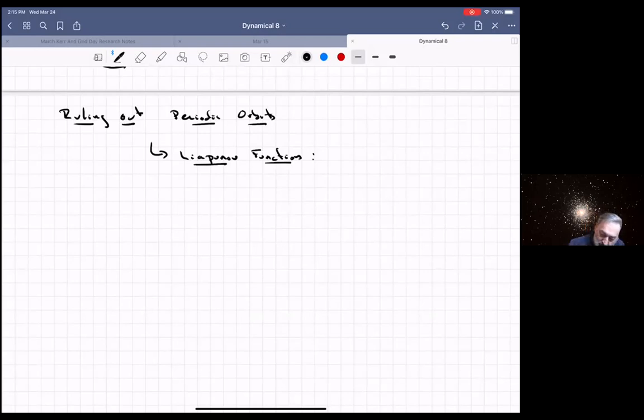Okay. So a Lyapunov function is an energy-like function that decreases along all trajectories.